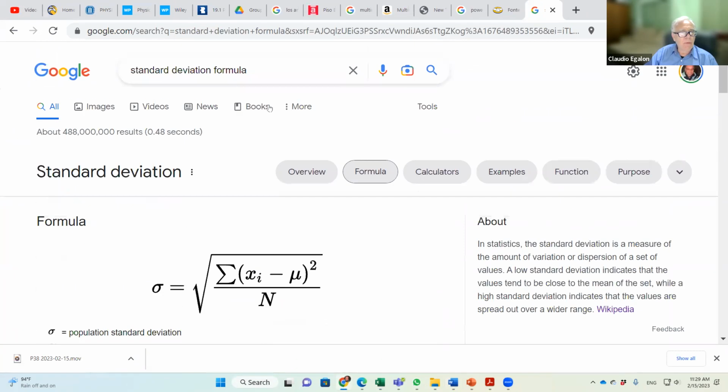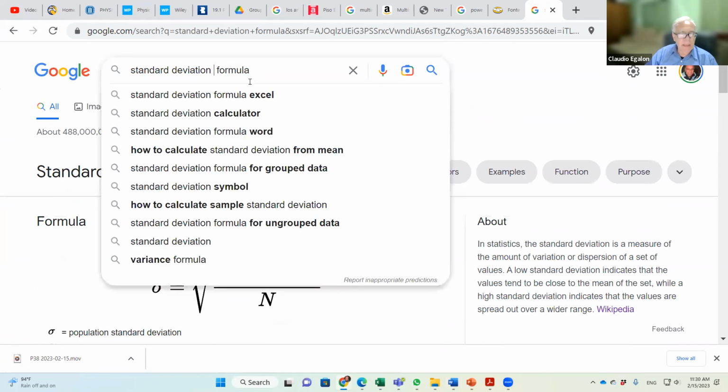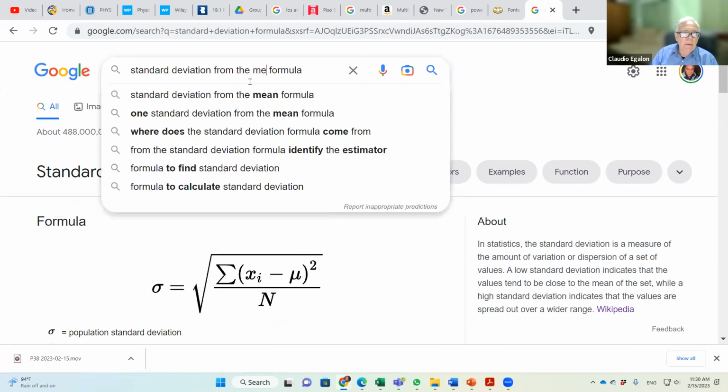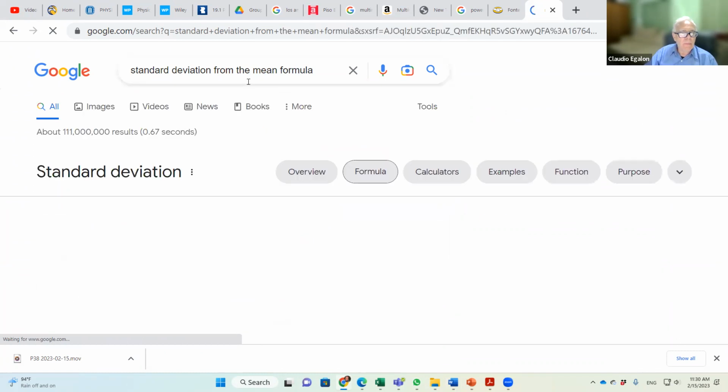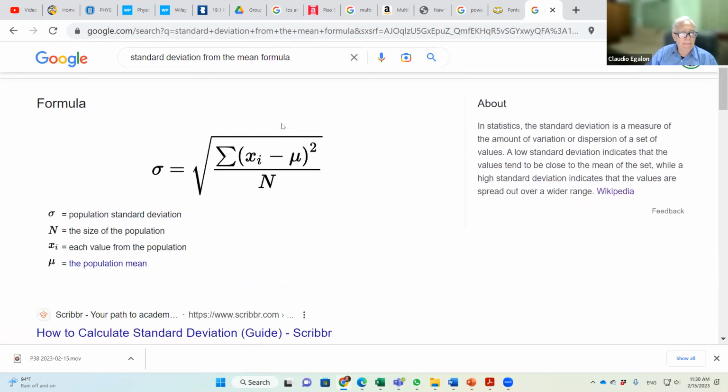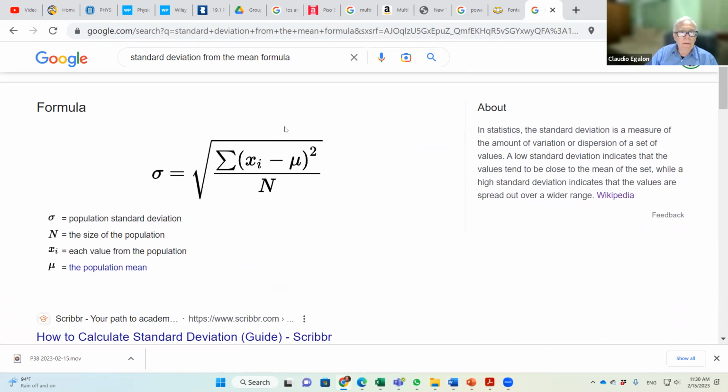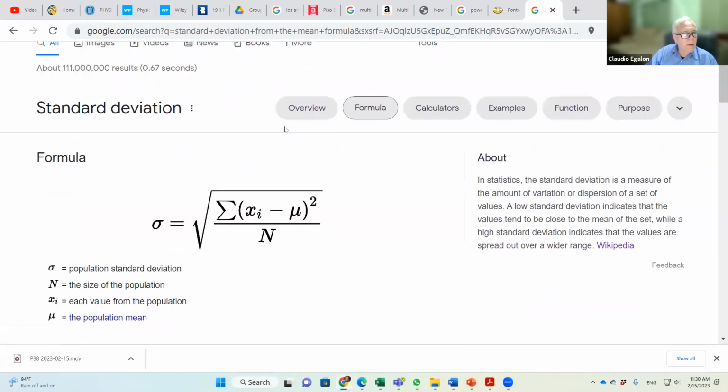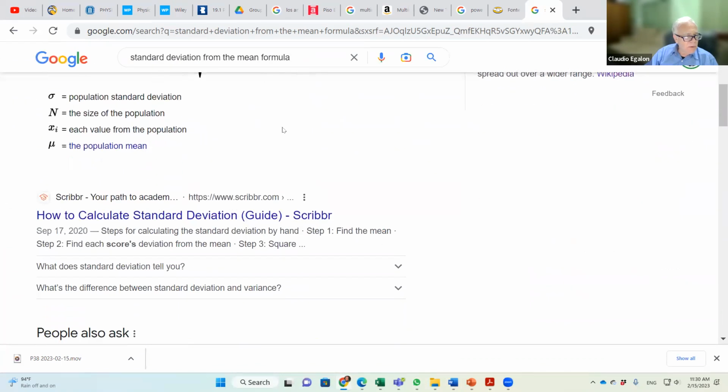And then we also have a standard deviation from the mean. That's standard deviation, that's not the standard deviation from the mean.